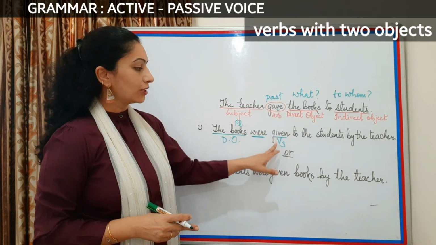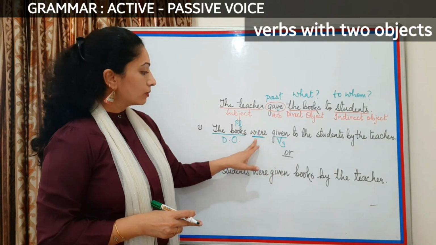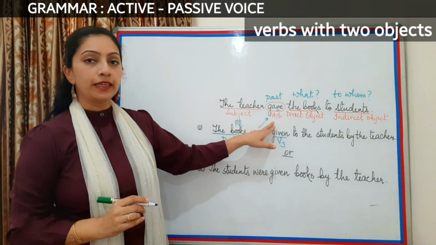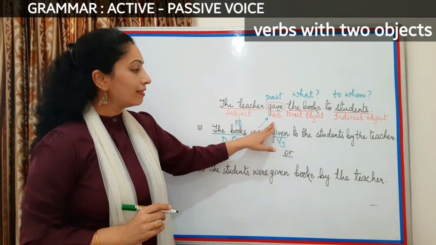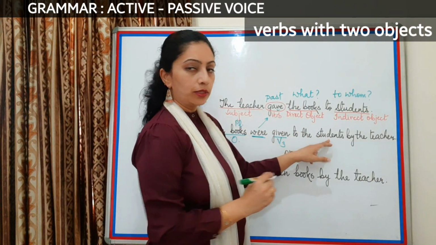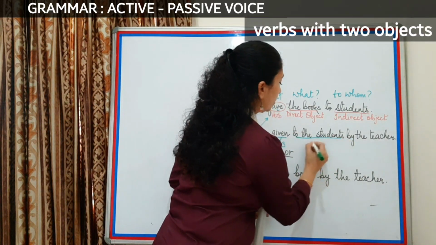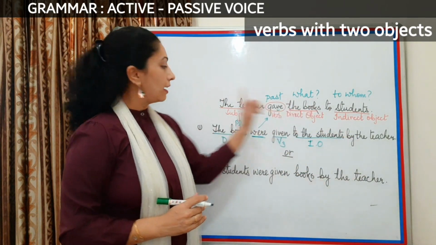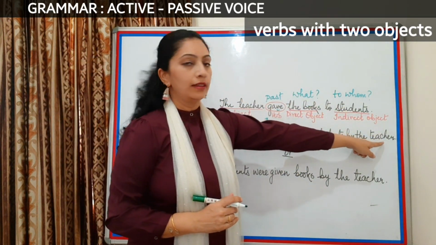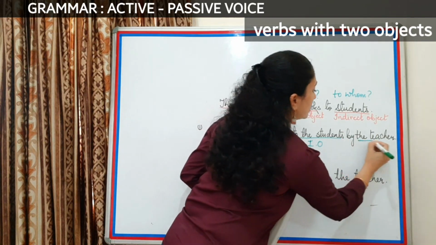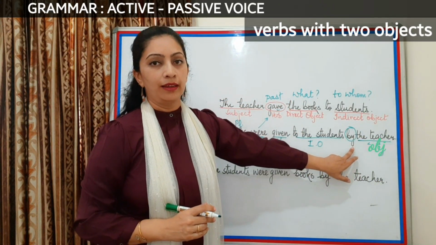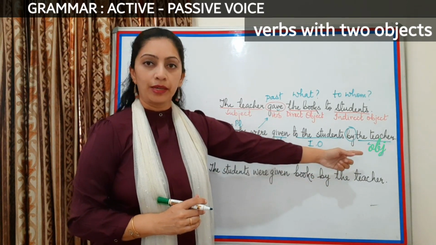This will apply to the tense in the active voice, and then to the students. I can have my indirect object here and at the end of the sentence I will take the subject. Before it, I will use the preposition by. So this is how I have changed it in passive voice.